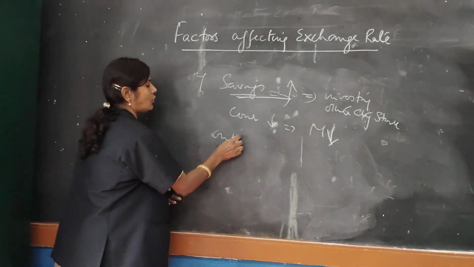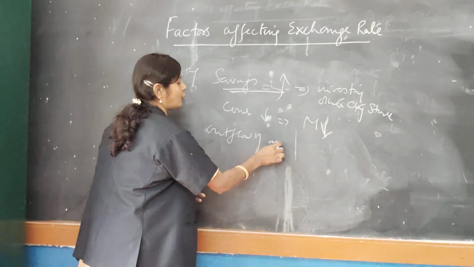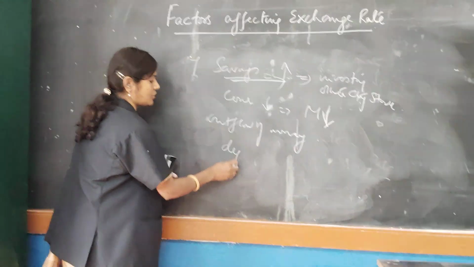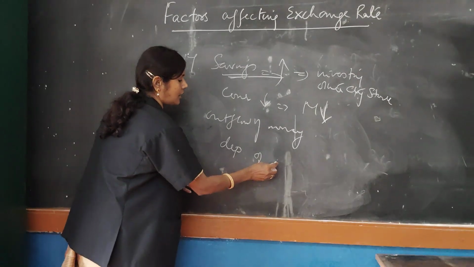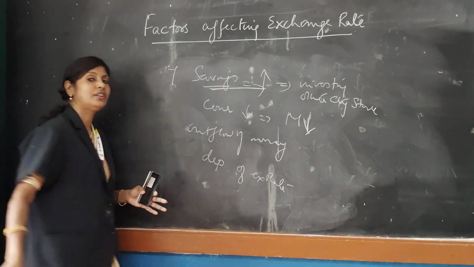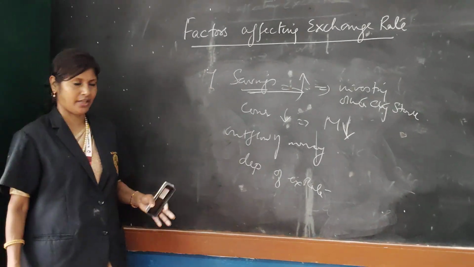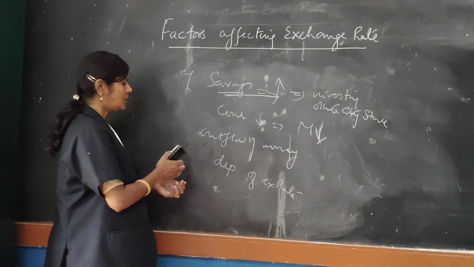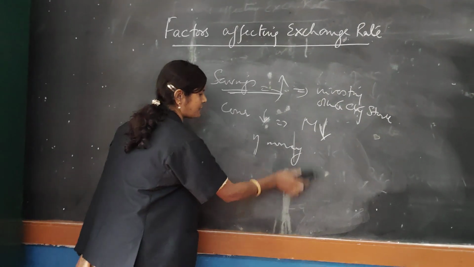When there is an outflow of money, there is a depreciation of our exchange rate. So our rupee will depreciate. That is what we mean to say here. So savings also affect the exchange rate to a great extent, right?